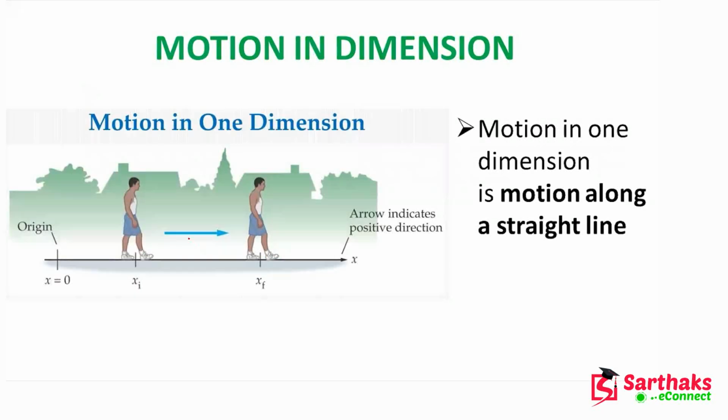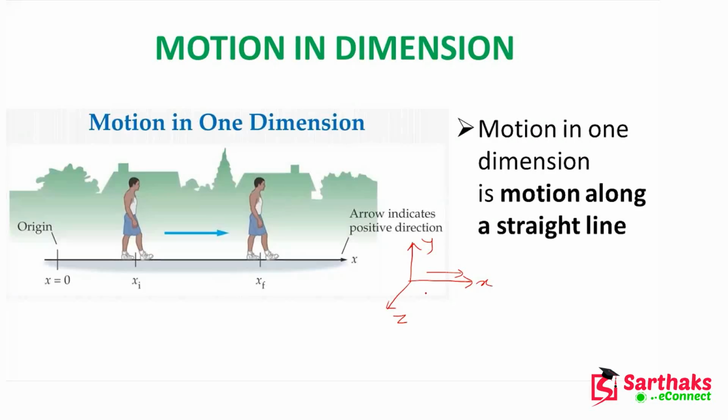Now, whatever I have told, that is motion in dimensions, right? Motion may be in one dimension, two dimensions, or three dimensions. Motion in one dimension means, suppose I have the x-axis here, y-axis here, and z-axis here, and I am just working along this x-axis.